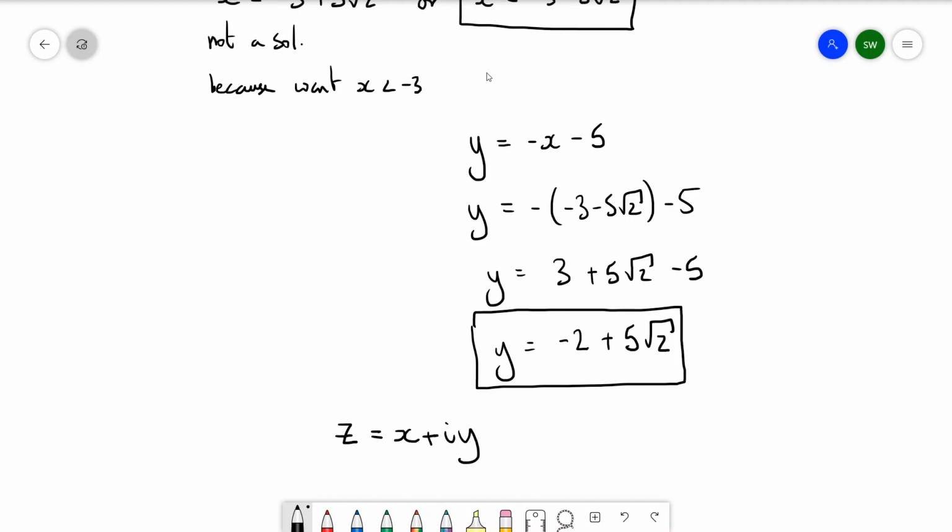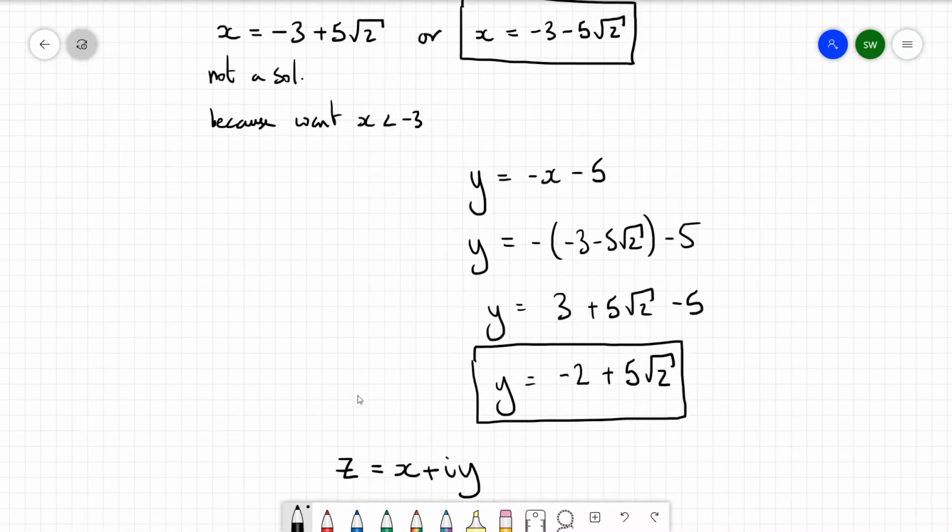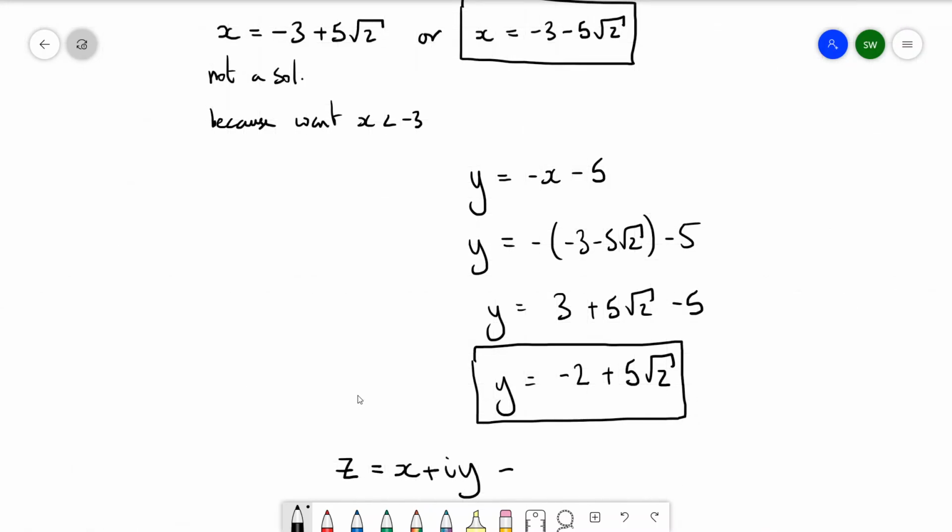We've just found the coordinates of the complex number. We've not actually written it as a complex number. So our last step is just to say, well, z is actually going to be equal to x plus i multiplied by the y value, which is minus 2 plus 5 root 2.